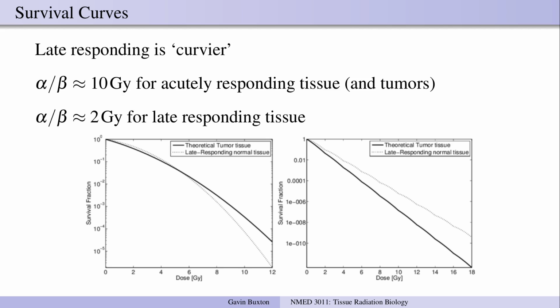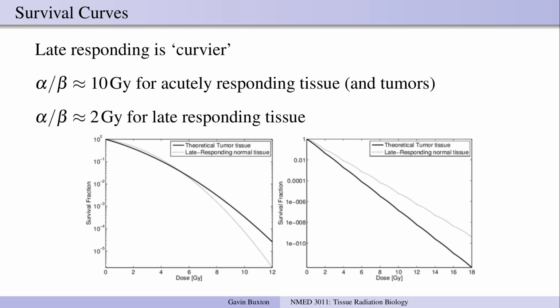It does vary quite a lot, so this is just to give you an idea. And the alpha over beta for late responding tissue is around 2 to 3 grays, which reflects the fact that the late responding tissue is curvier.